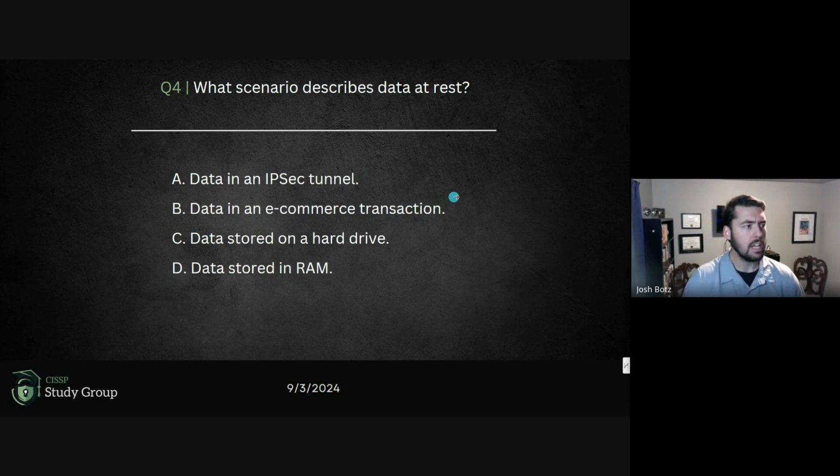So perfect there. In an e-commerce transaction, this is a little bit of a tricky one because we don't know. We really don't know what is going on in that transaction. There's not really enough information in the answer or the question for us to use this as an answer. And the reason is there likely is a combination of all three data types going on, depending on what stage of the transaction and from whose perspective.